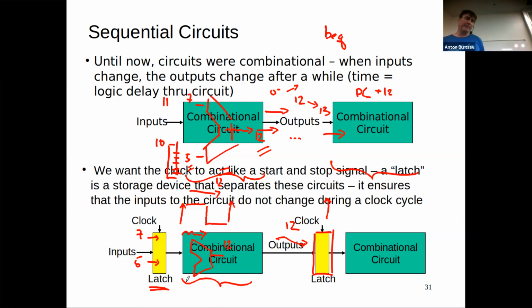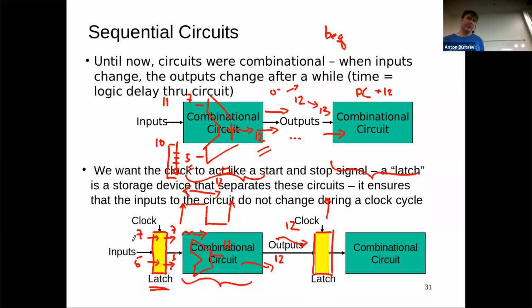However, if we choose the cycle in such a manner that for any combinational circuit which we use in this machine, we give it enough time to converge to a stable output, and if we ensure that this memory, which is implemented as a latch, provides stable input like 7 and 5 for the entire cycle, then we will produce a stable result 12.